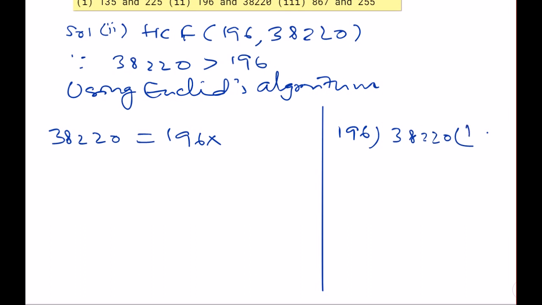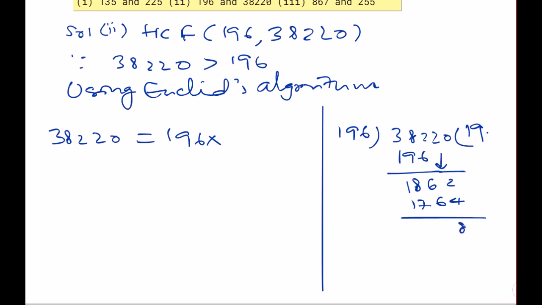Let us do it. 196 ones are 196, here 6, 8, is it not, and 1. Then take this 2 here, it is 196, 9 it will come, you can check. I'm not going to teach you how to divide, it will come 1764.